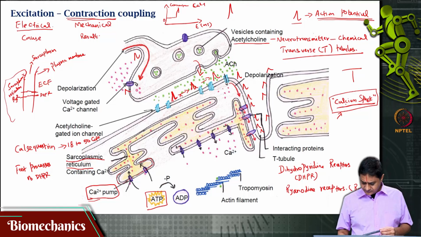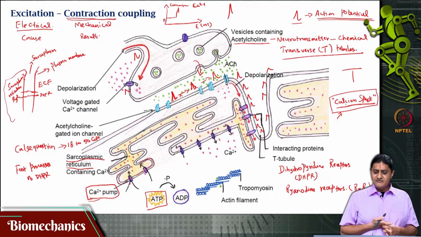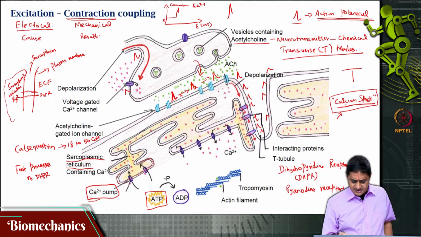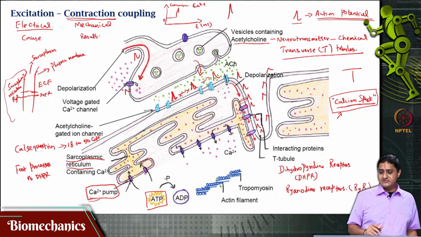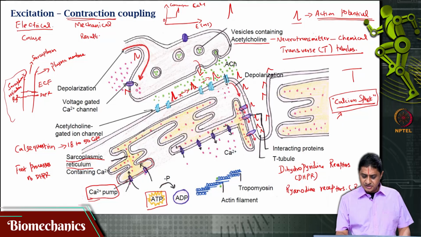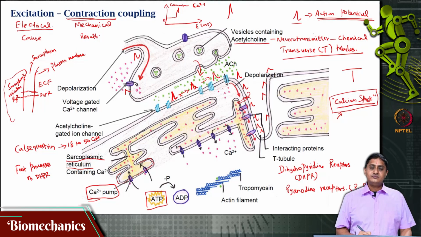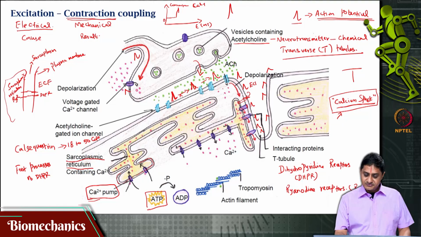As an aside, something that we also want to look at is the special case wherein sometimes there are some channels in some muscles that are sensitive to action potential, present in the T tubule, that have a tendency to let in calcium from the extracellular fluids.